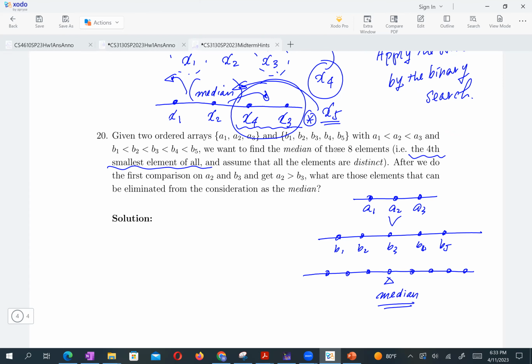Then you need to do the same thing, excluding from the given information. What are those elements that could be eliminated from consideration? Because the median is the fourth smallest, or fifth largest.